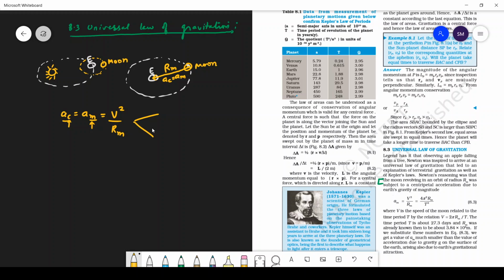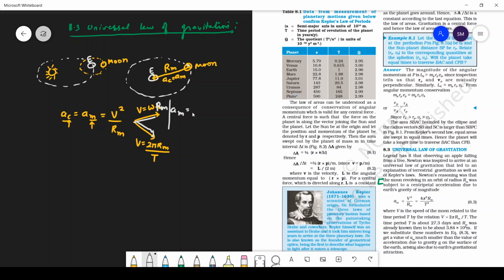Now we have two ways to move further. We know that V is equal to omega r, and also we know that V is equal to 2 pi Rm, the circumference, divided by the time period of the revolution. So put the value of V here, we get the centripetal acceleration of the moon, this R is your Rm, of course.